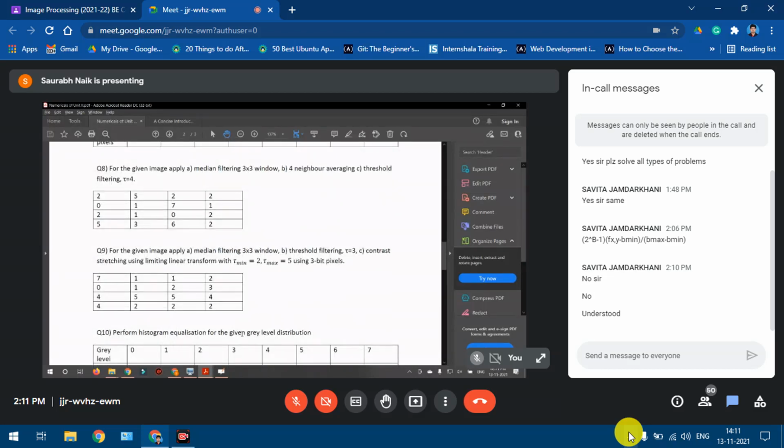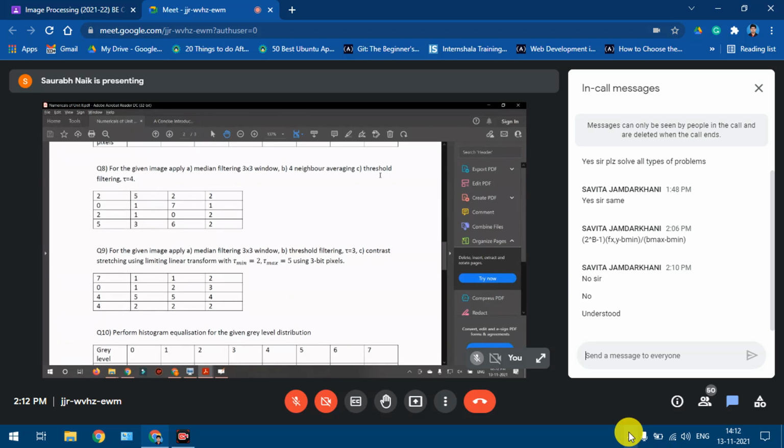Okay, question 8, we have this threshold filtering. Now, threshold filtering is just that if you are getting the average, now if you remember threshold filtering, the concept is that you are given the threshold value, and if the difference between the input image value and this new calculated value is greater than the threshold, then you would have to take this new value only.